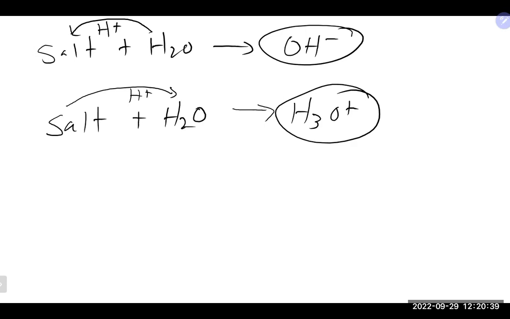You are dealing with a base, yeah? So you're going to probably have a basic solution in this case. And when you make H3O plus, it is an acid, yeah? So the consequence of a salt continuing to react with water is it will make the pH of that solution either acidic or basic, or if it doesn't react, it will just be neutral.